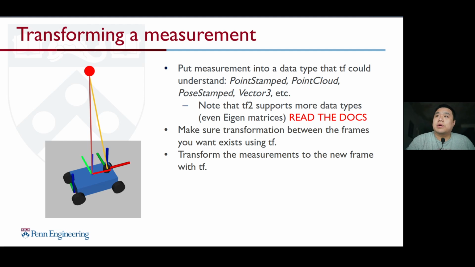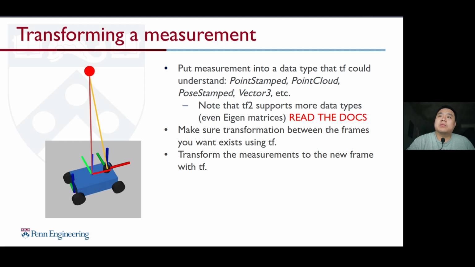First of all, you can put the measurements into a data type that TF can understand, for example PointStamped, PointCloud, PoseStamped, Vector3, etc. Note that TF2 supports more data types, even Eigen matrices, which is specific to C++. I recommend everybody read the documentation for TF2. There are even more data types that you can transform.